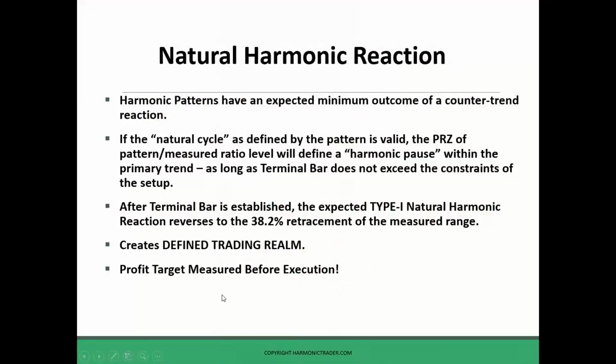So again, the natural harmonic reaction is what I'm talking about here. That is the whole harmonic phenomenon that I have talked about, either in the patterns, the stuff that's related to the Fibonacci, natural cycles. It really doesn't matter.